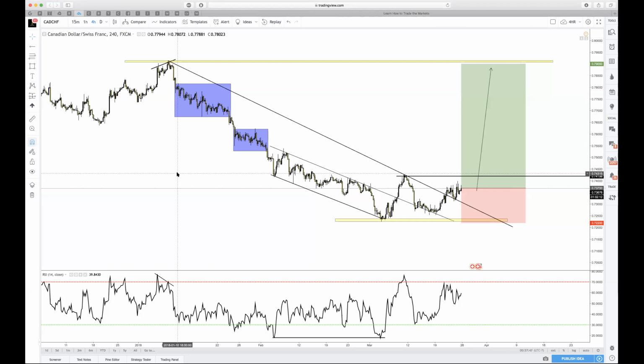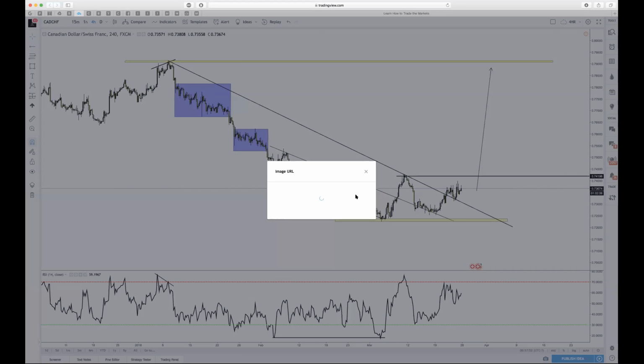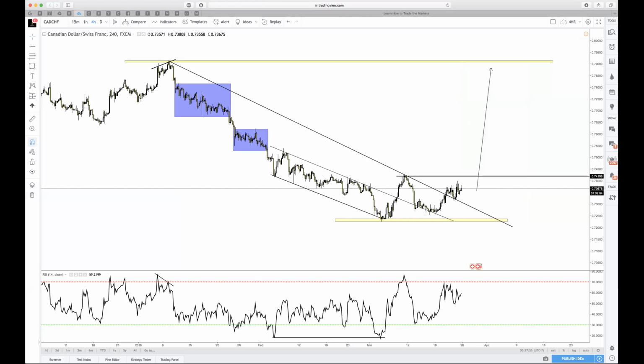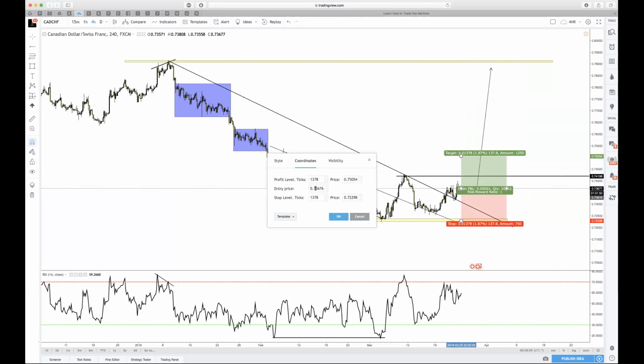All right, my stop loss is done. Everything is done. 737. Stop loss is 722.